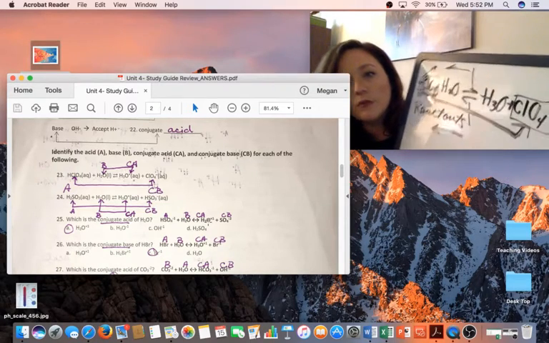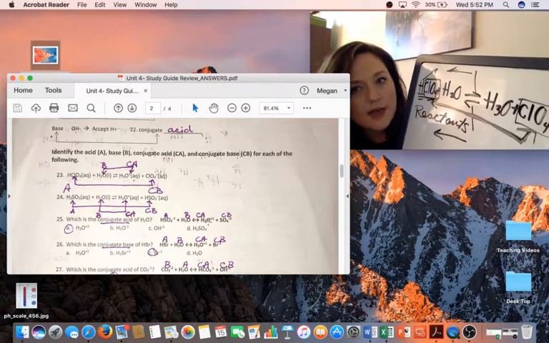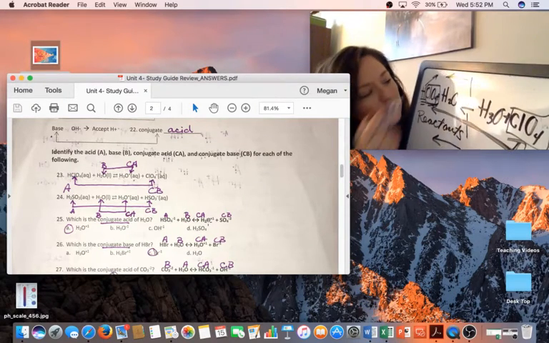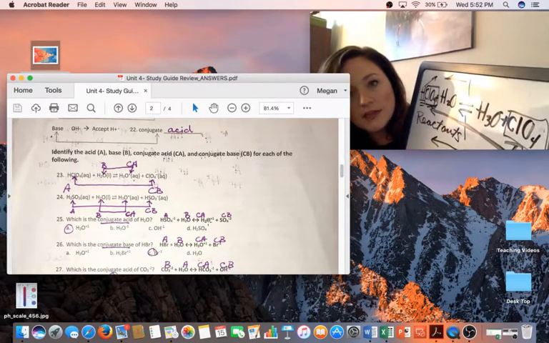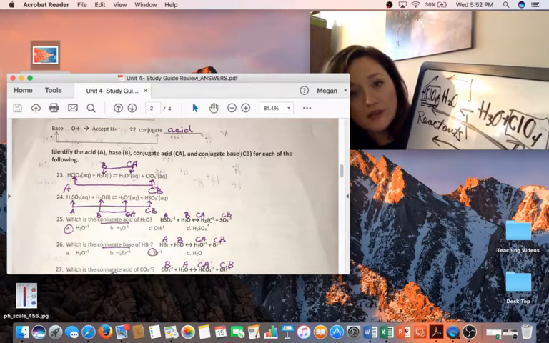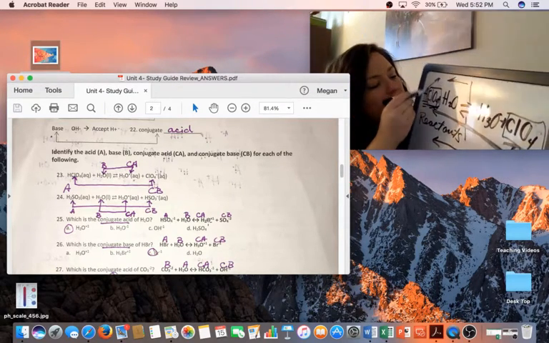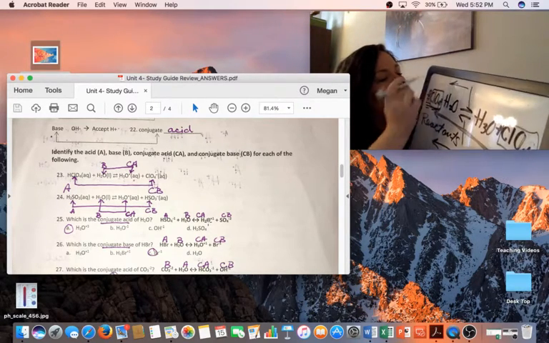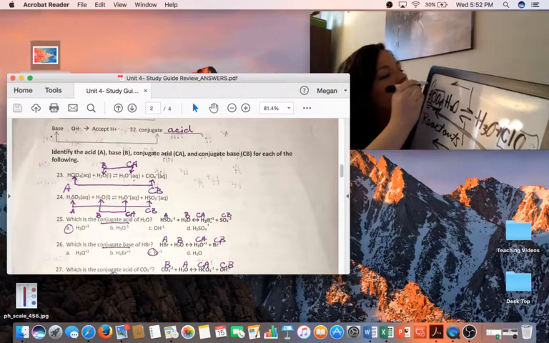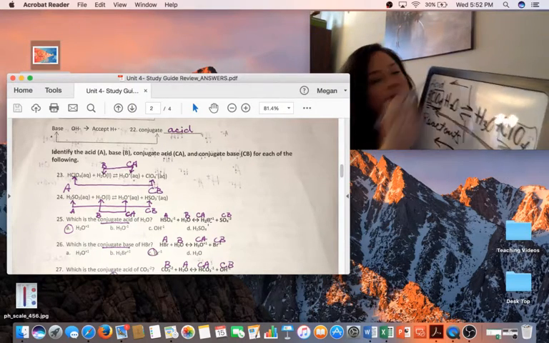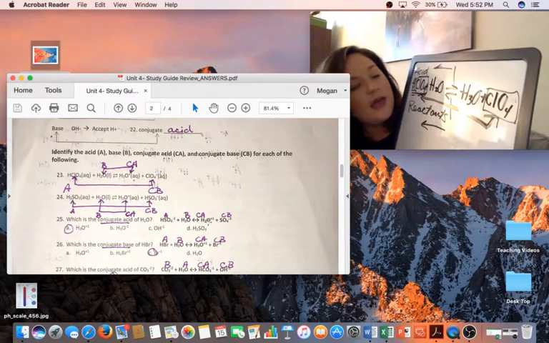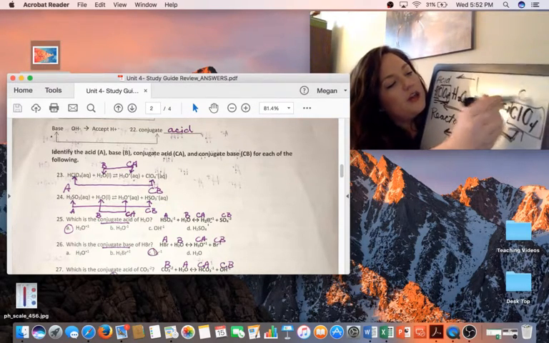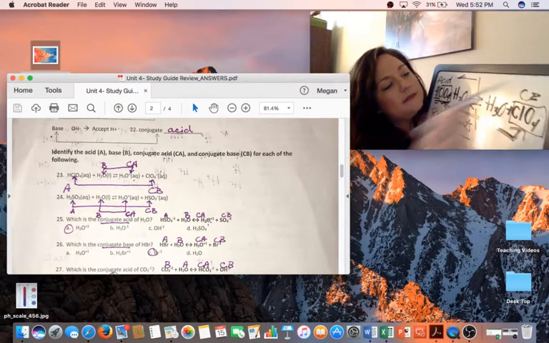Now, Bronsted-Lowry's model says that an acid donates hydrogen. So HClO4 gave up a hydrogen. Goodbye, hydrogen, to become that. So HClO4 is my acid, and ClO4 is my conjugate base.